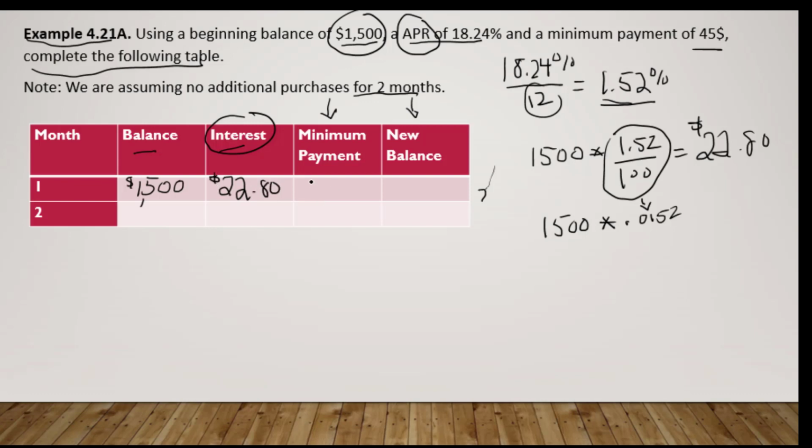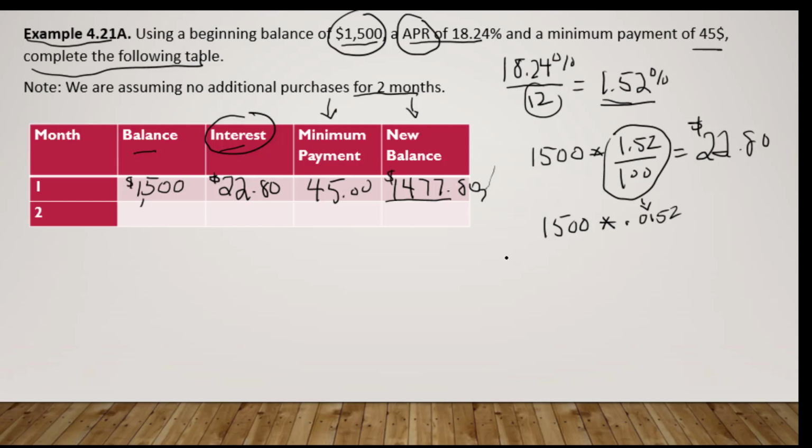Now my monthly payment is $45. So now I'm going to determine my balance at the end of the first month. So how would you do that? Give it some thought. So I am getting $1,477.80.